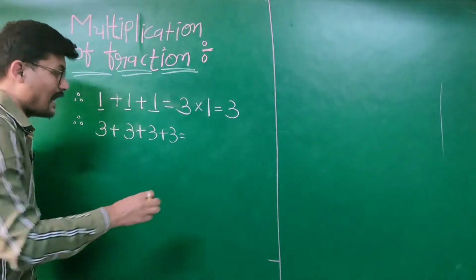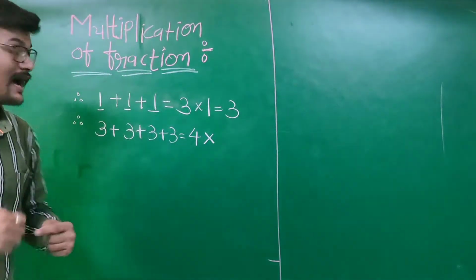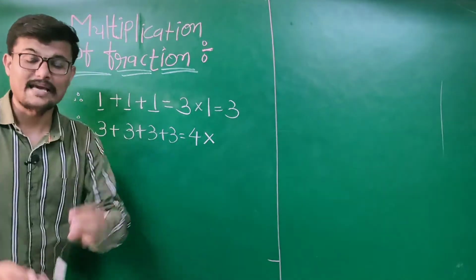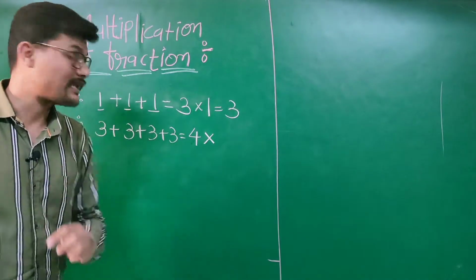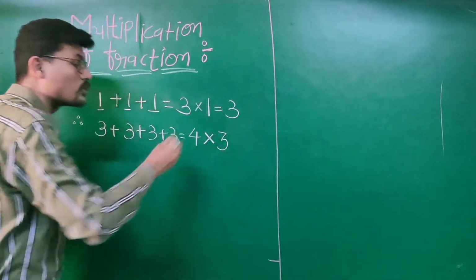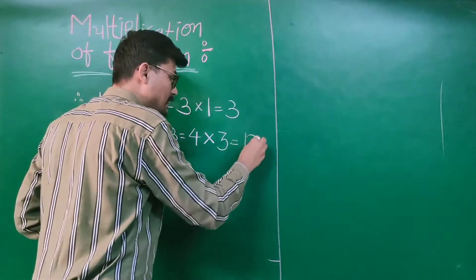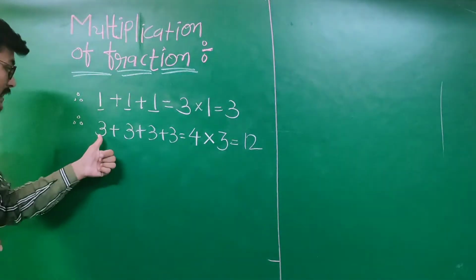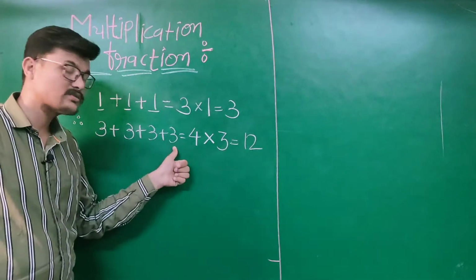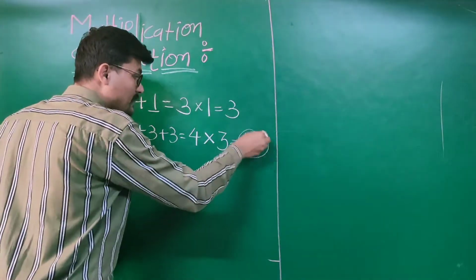So I'll write here 4 as it is into which number I add. मैंने यहाँ पे कौन सा नंबर ऐड किया है? मैंने 3 ऐड किया है. कितनी बार यहाँ पे ऐड किया है? 4 times. So यहाँ पे I'll write here digit 3. So simple, 4 3 जा क्या हो जाएगा? 12. अब इसको ऐड करो, 3 plus 3 6, 6 plus 3 9, 9 plus 3 12. सिंपल. सो यहाँ पे मुझे क्या मिल गया आंसर?